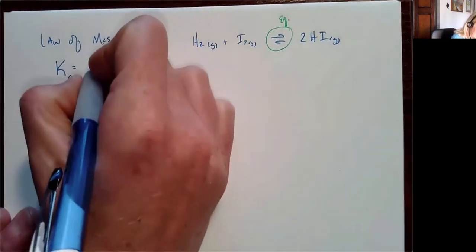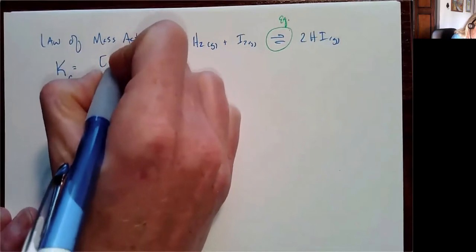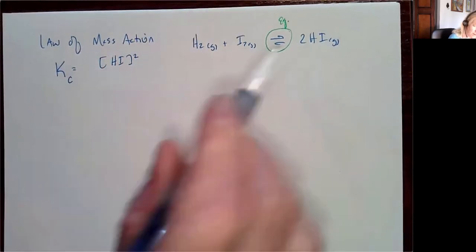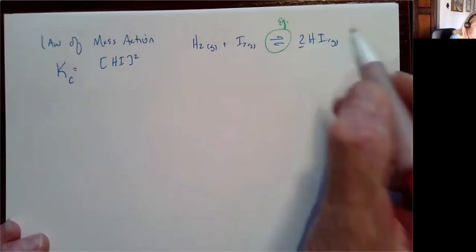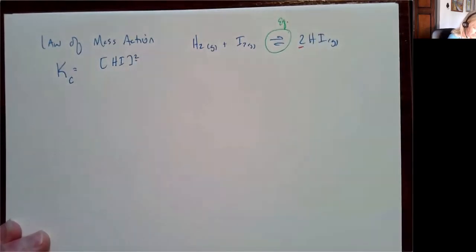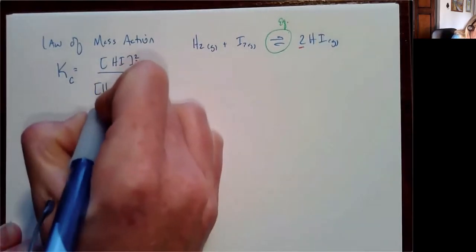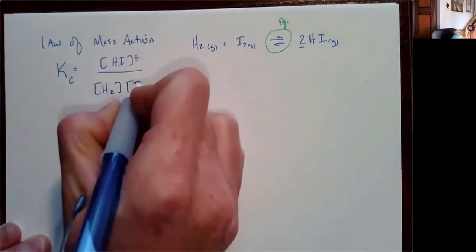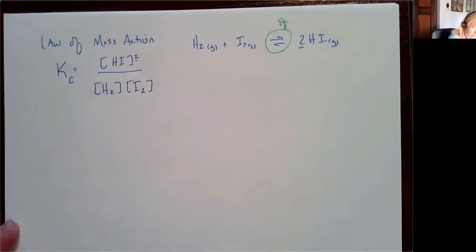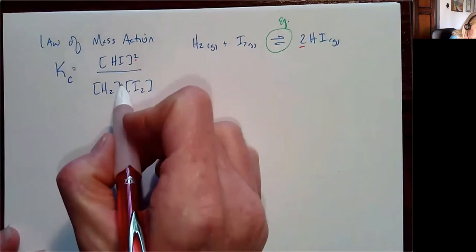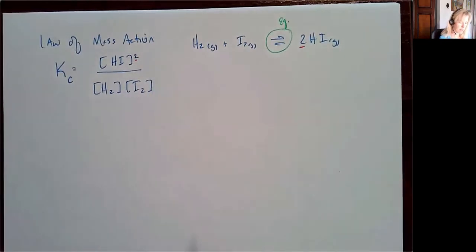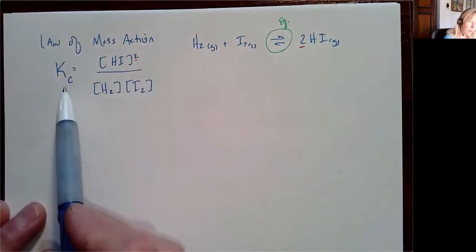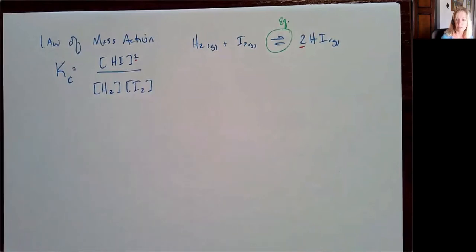So remember, C is concentration, so I'm going to write these in terms of the concentration. My stoichiometry is going to apply, so I have 2 of these. So that's going to be to the second power over the concentration of H2 over the concentration of I2. And since both of these are understood 1, then these will both be to the 1. So this would be my law of mass action, evaluating K in terms of the forward direction of the reaction.